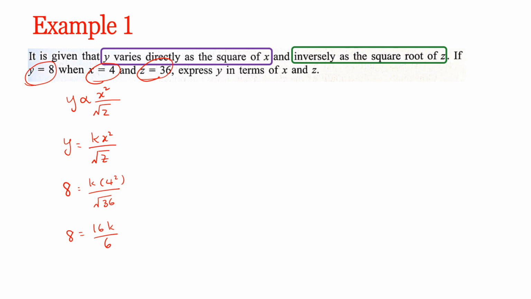Then we rearrange, so we get k equals 8 multiplied by 6 over 16. Finally you will get a constant 3. Then we substitute k equals 3 into the equation, so you will get Y equals 3S squared over the square root of Z. So you have expressed Y in terms of S and Z.